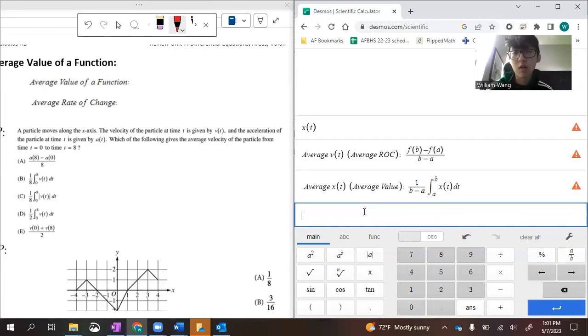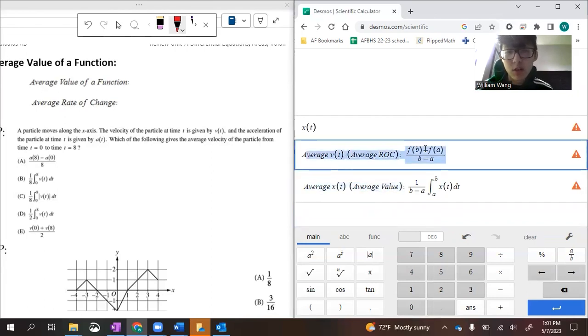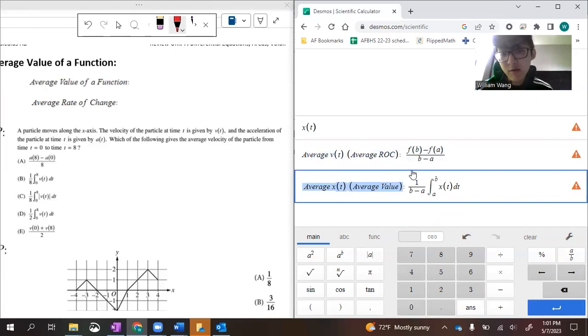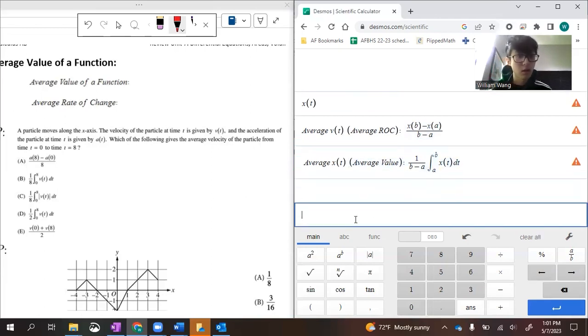So hopefully that makes sense. That's why these equations are different. Don't get them mixed up. If they ask for the average value, you're using this equation and plugging in that same function X of T here. If you are doing the average rate of change, you're finding the actual rate of change, so you're not doing any integrals. All right.